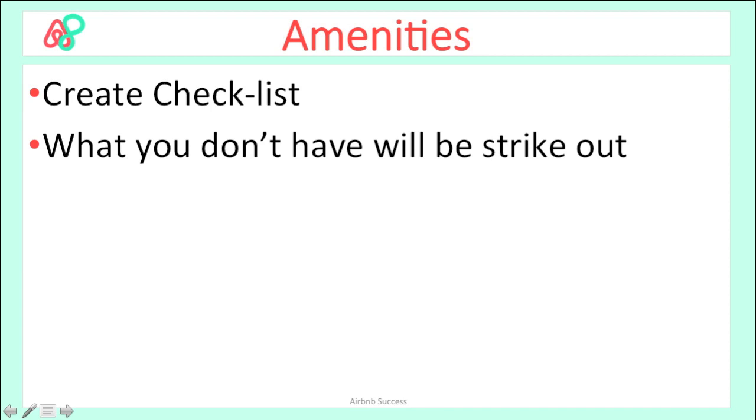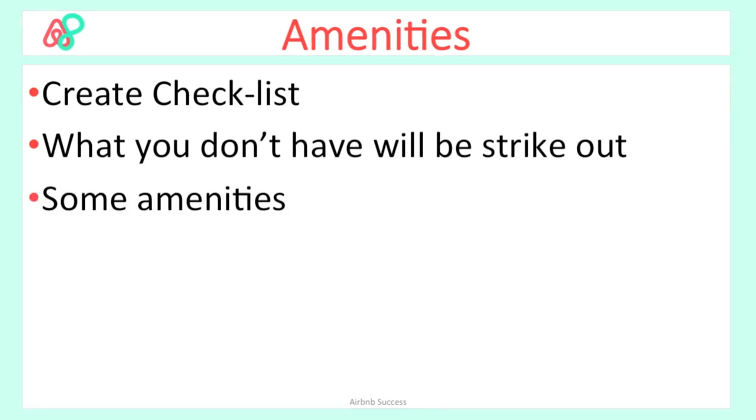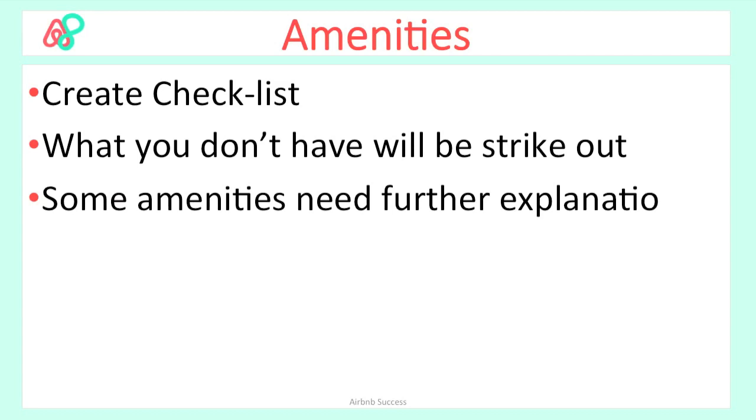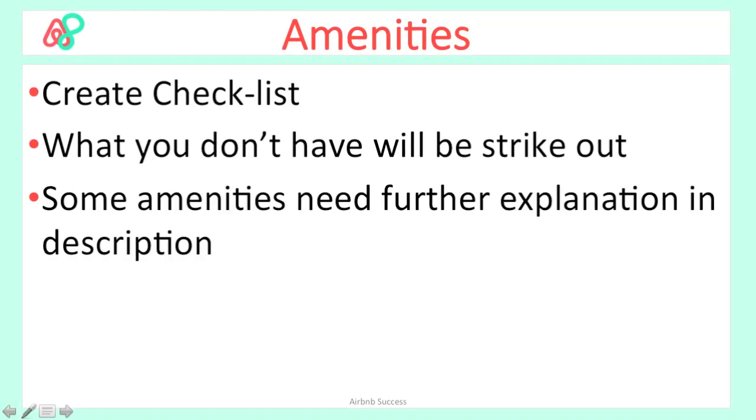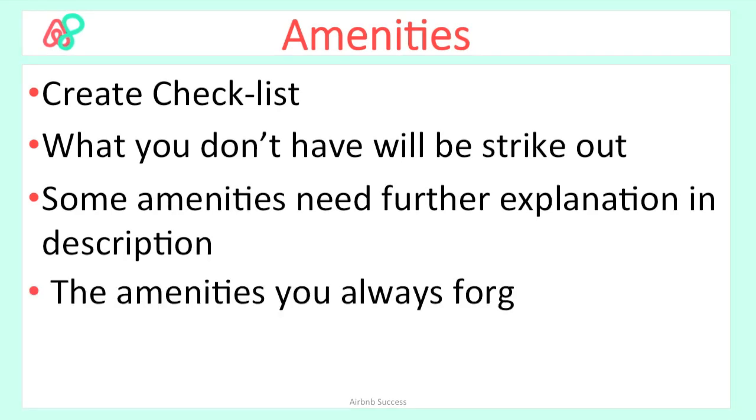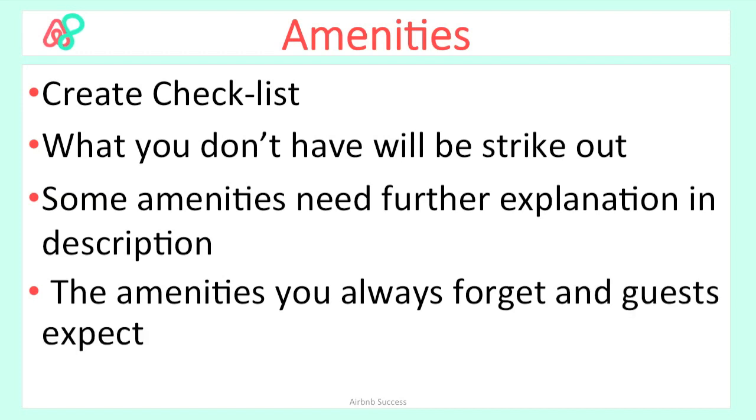I mean, you don't tick it, and it will appear struck out when the guests look into your listing. Some amenities will need further explanation in the description. And then there are some amenities you always forget, but the guests expect to have them.